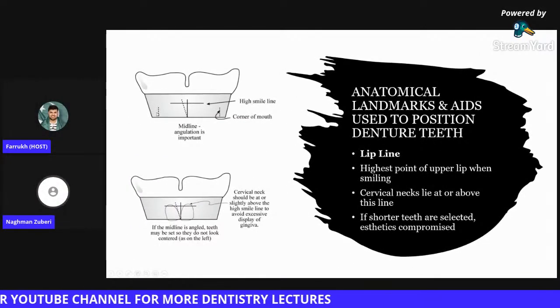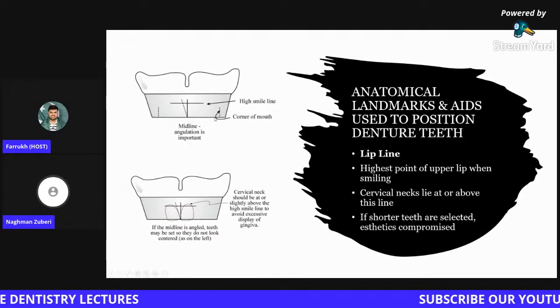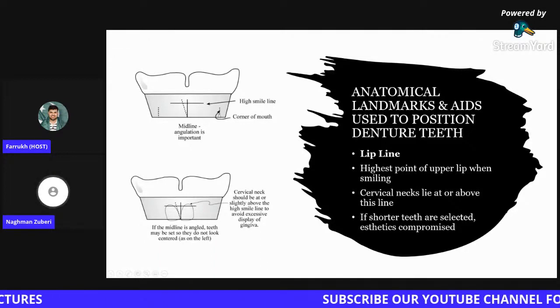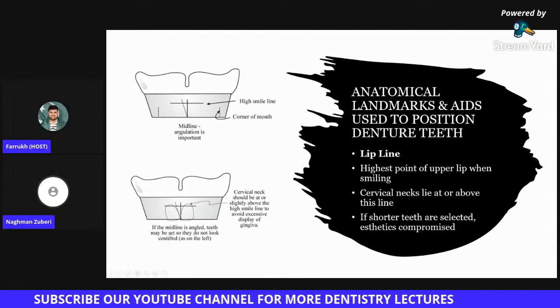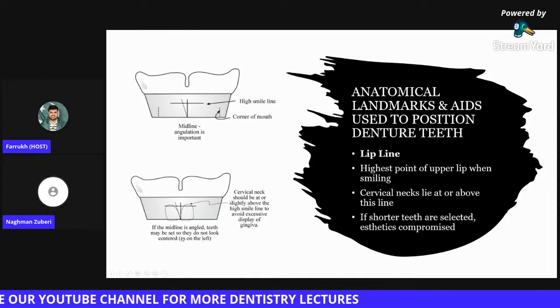We also mark the corner of the mouth so that our canines are placed according to these lines. If the midline is angled, teeth may be set so they do not look centered, like over here.